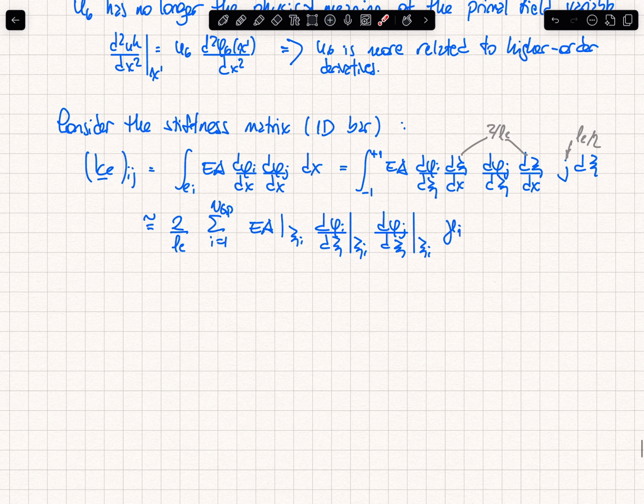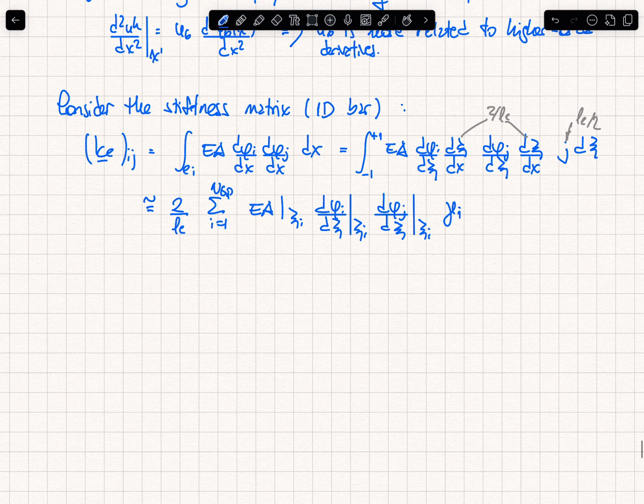Okay, and so the same as before, if you remember, n Gauss points integrate exactly a polynomial of order, what?